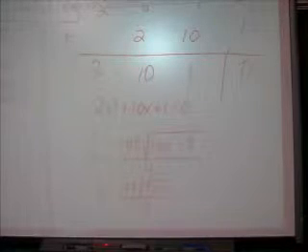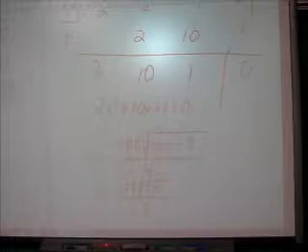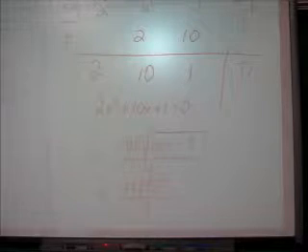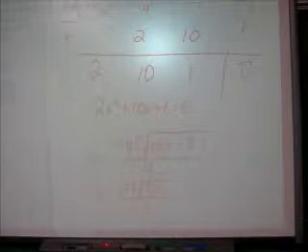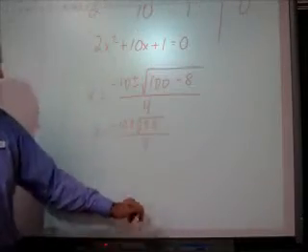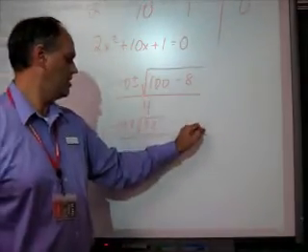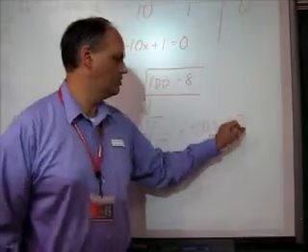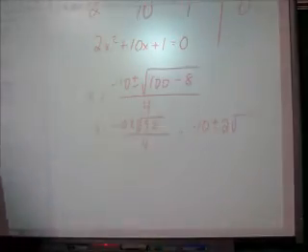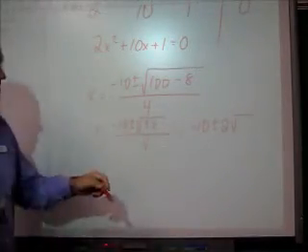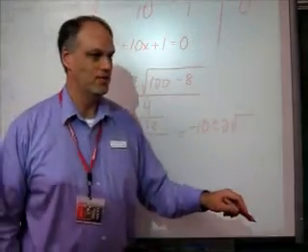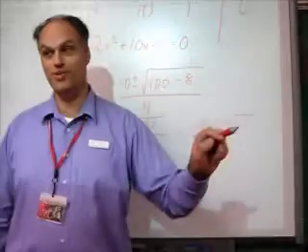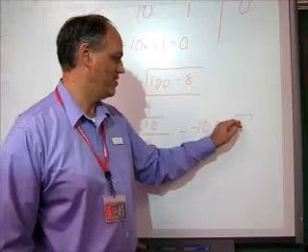Does 92 have a factor that's a perfect square? Yes, 4 works. So you have negative 10 plus or minus 2 square roots. How many times does 4 go into 92? 23.